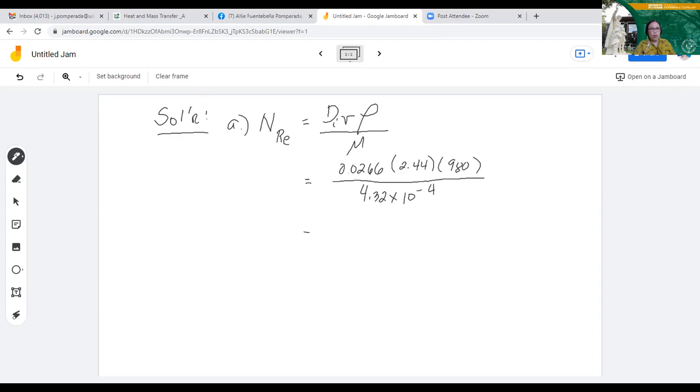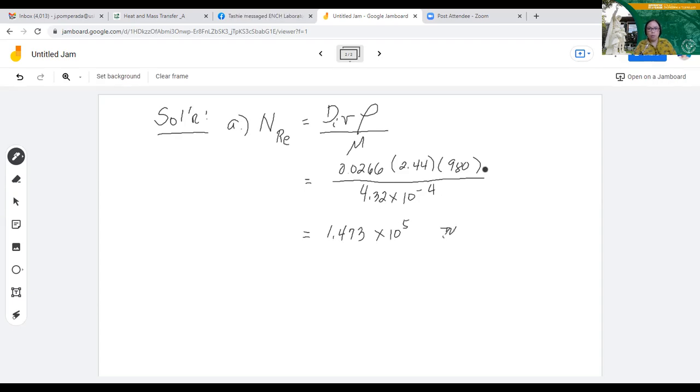Now, if we process these values, our answer for the Reynolds number is 1.473 times 10 raised to 5. Since this is like 100,000 already, we can say that our flow is turbulent.